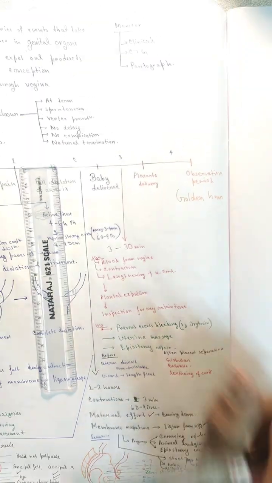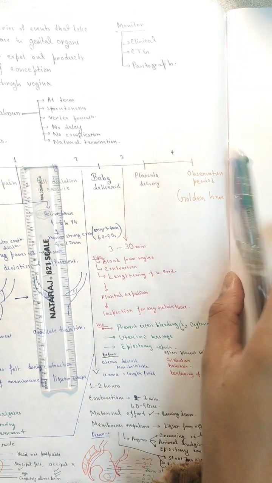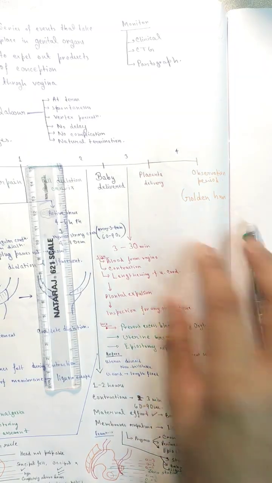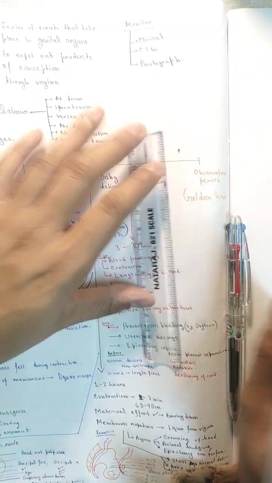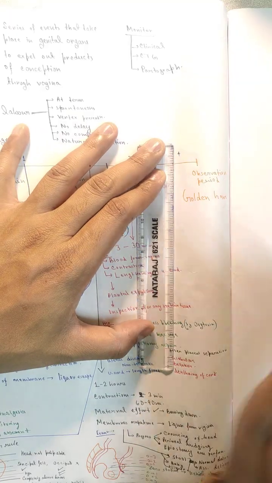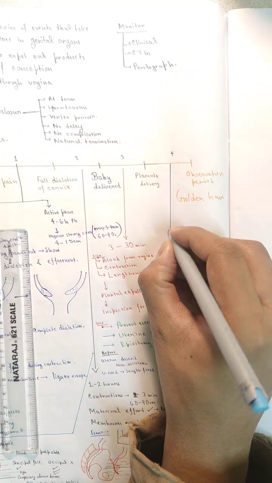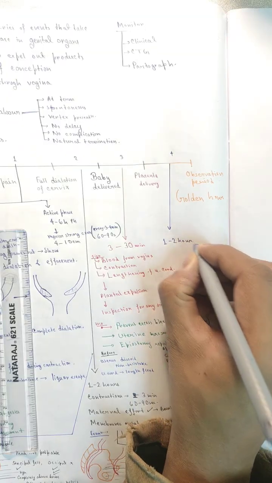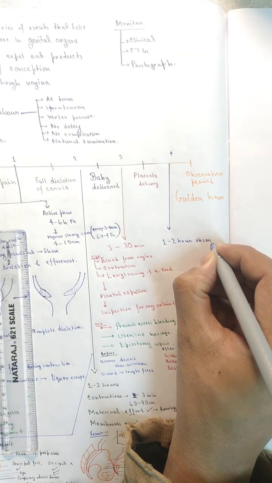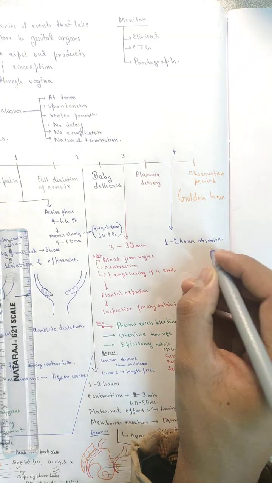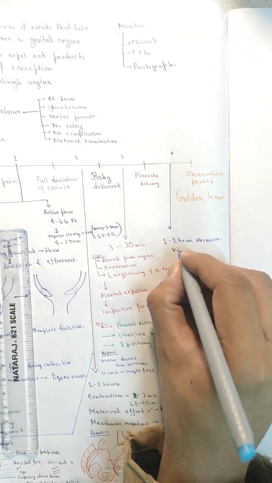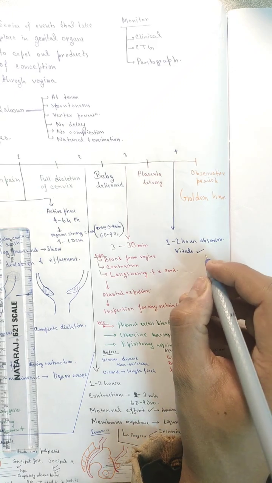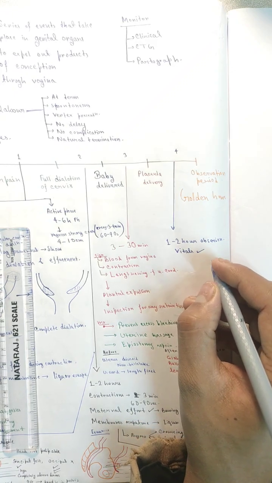Now the last phase, that is the golden hour phase, that is the fourth. After this, for 1 to 2 hours, observation is done, vitals are checked, blood pressure, pulse.